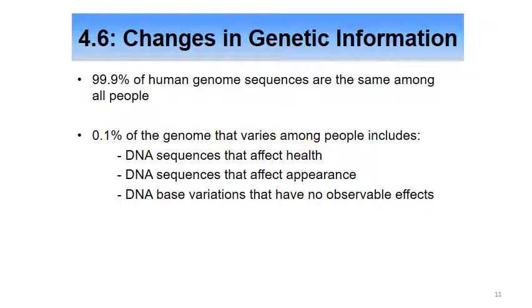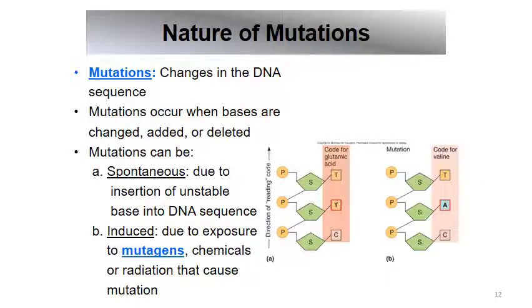Alright, changes in genetic information can occur through mutations. Some mutations can be beneficial or harmless, but other mutations can be very dangerous. And so, 2 types of mutations, they can be spontaneous.